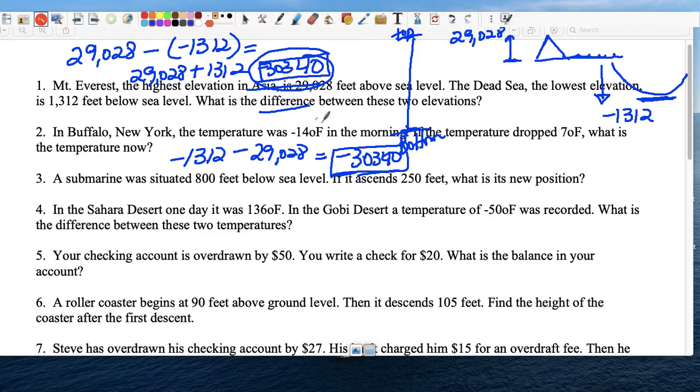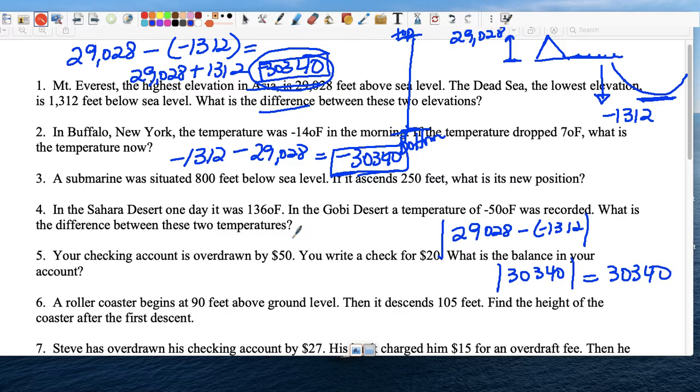Because of this, whether you subtract negative 1,312 minus 29,028 or 29,028 minus negative 1,312, you use the absolute value symbol. Whichever way you do it, 29,028 minus negative 1,312 gives the absolute value of 30,340.